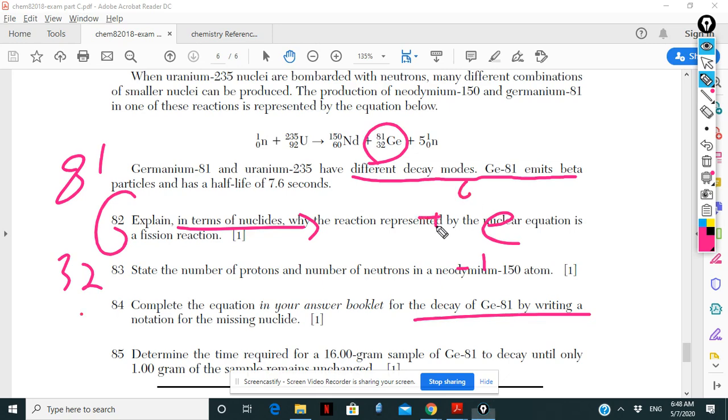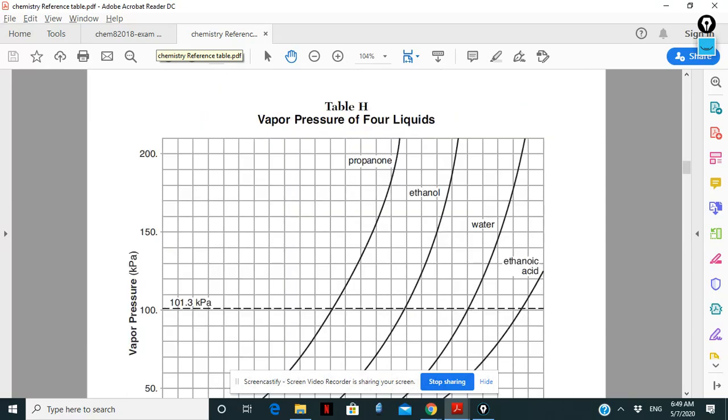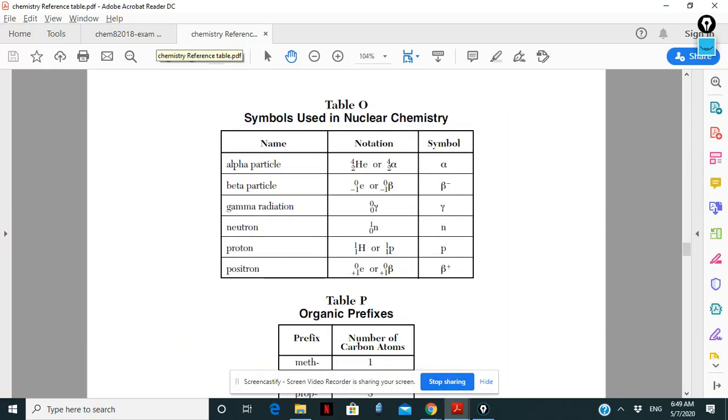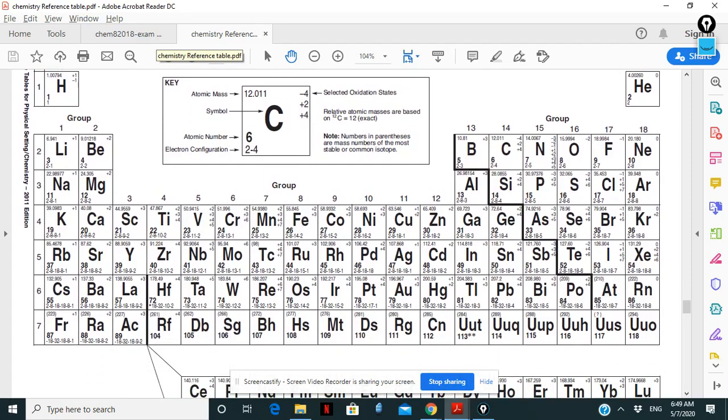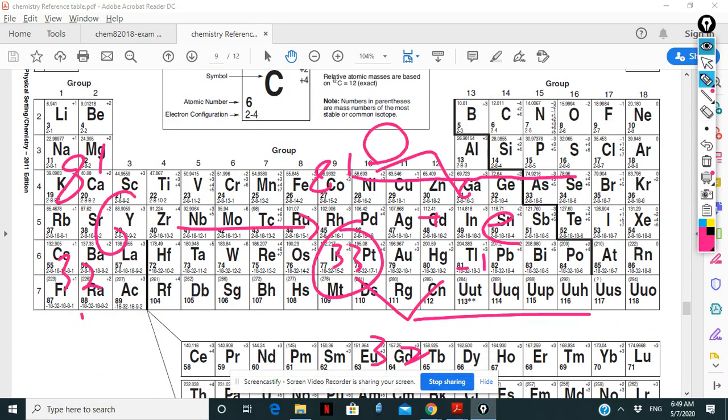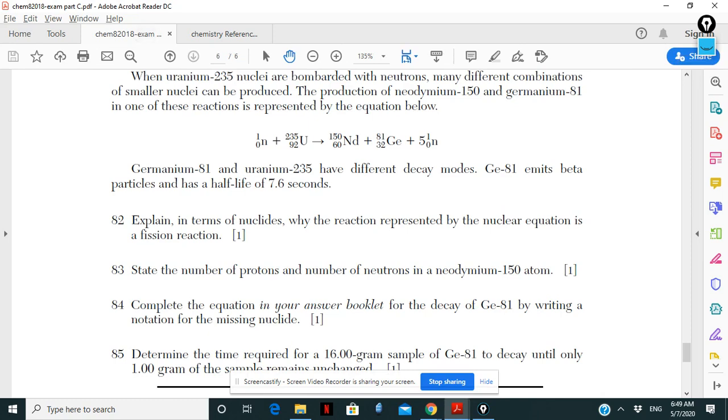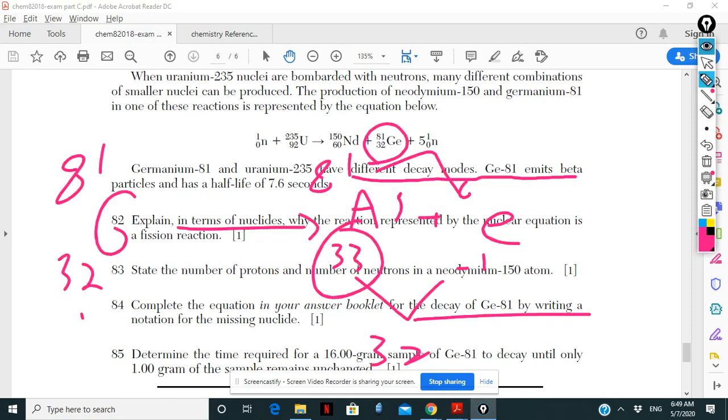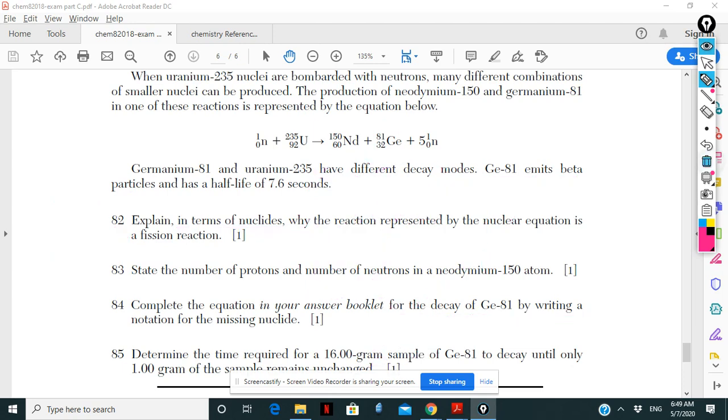Now here is 32 plus negative 1, giving me 31, that's 33, and 81 plus 0 giving me 81. So I get the element that it's atomic number 33. I go to the reference sheet, the periodic table, looking for atomic number 33, it's arsenic. So the element is arsenic.